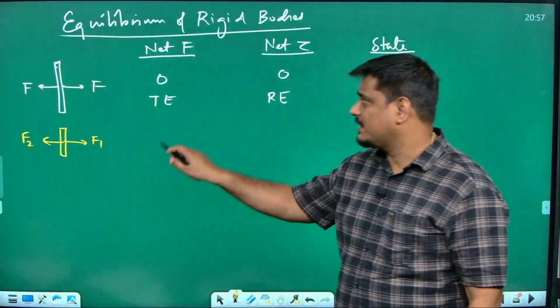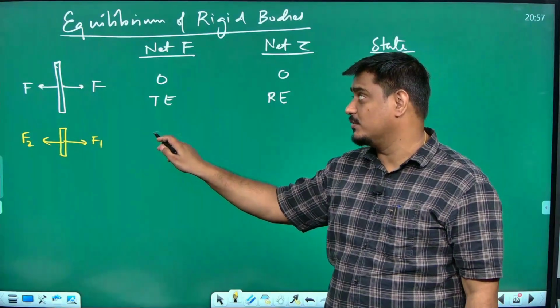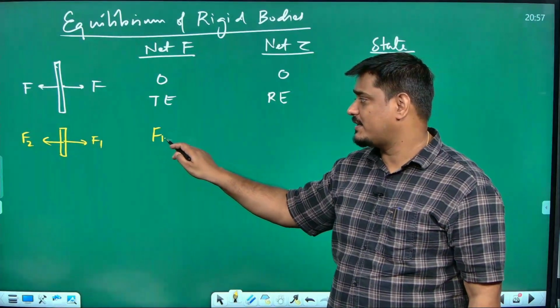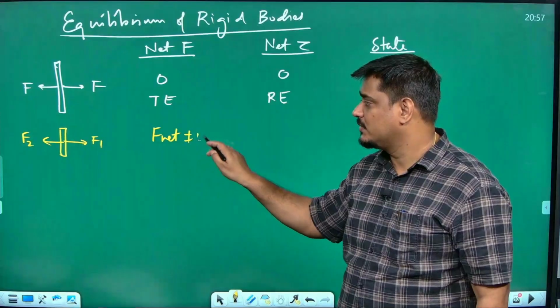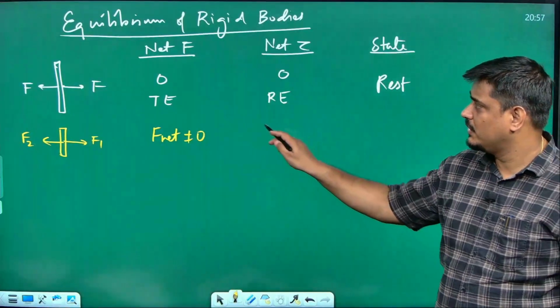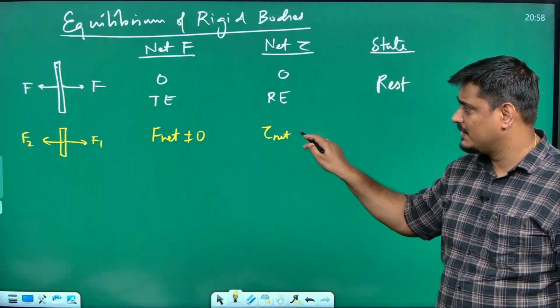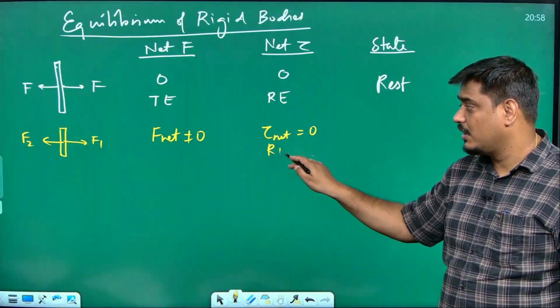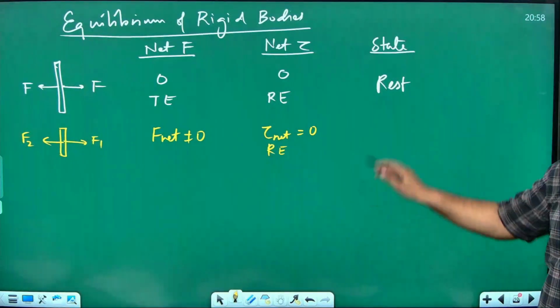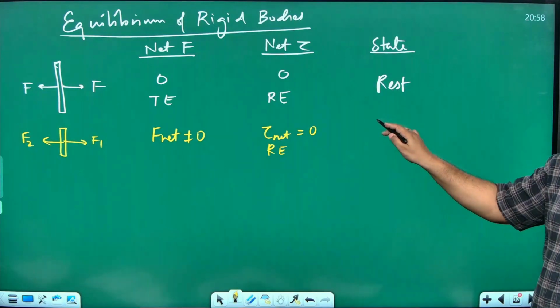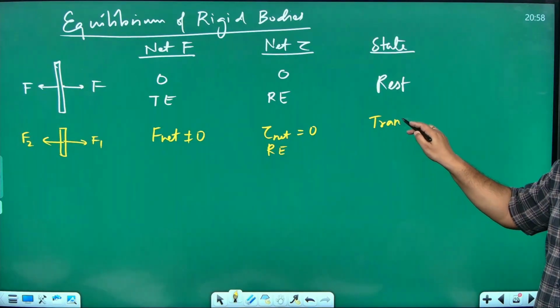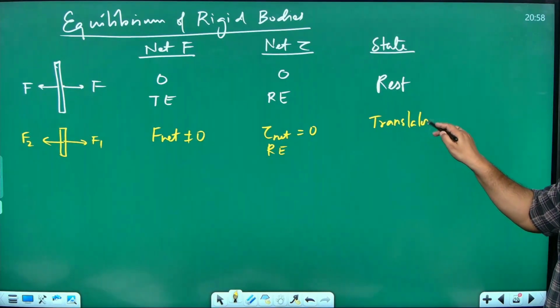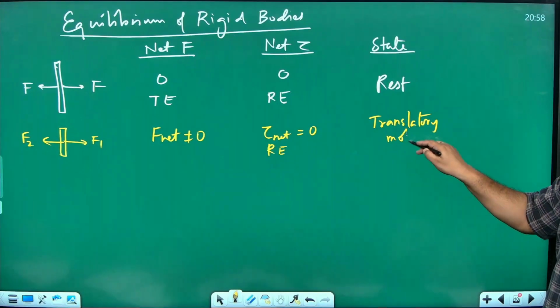So can I say that the body's net force will not be 0, isn't it? F net will not be 0. What about torque? Torque net will still be 0. So body does not have that translatory equilibrium, but it has rotational equilibrium. The body will be in what motion? Rectilinear motion or translatory motion, whatever you want to call it. Translatory means straight line. Translatory motion.